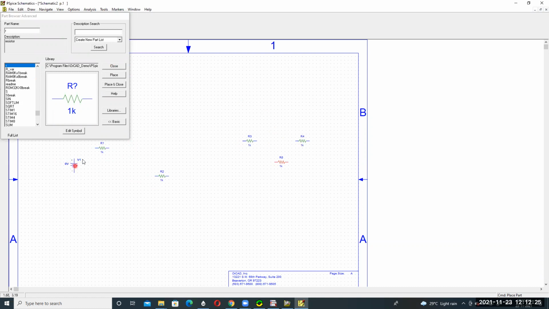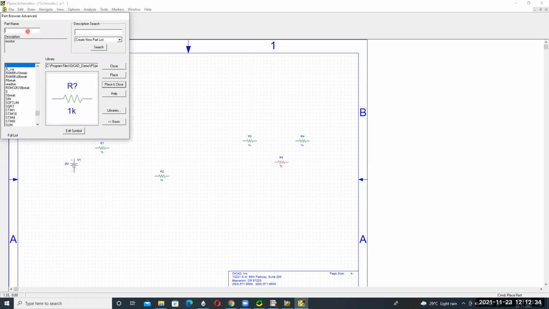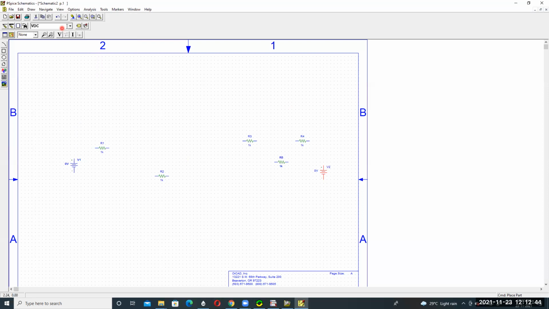Also one more VDC is required. Take VDC from this library and place one more VDC here. Then close. Also take one ground, and also a switch open and a switch close.